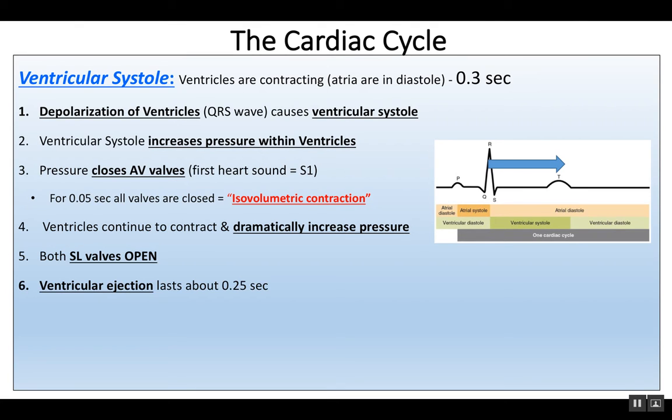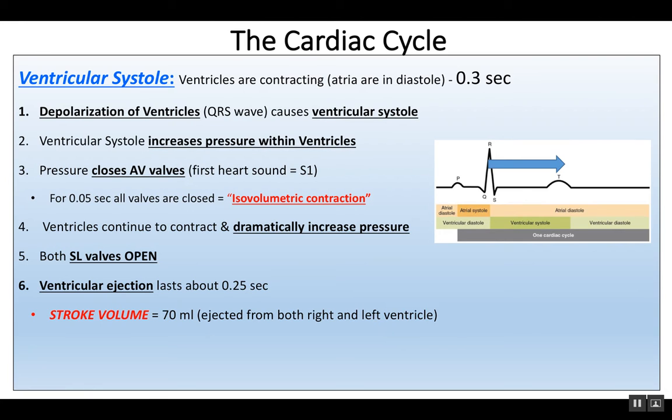Once those semilunar valves are open, we enter ventricular ejection, which is moving blood out of the ventricle. That's going to last about 0.25 seconds of the 0.3 seconds. And then there's a volume name. The name of the volume that is ejected from a ventricle is called stroke volume.